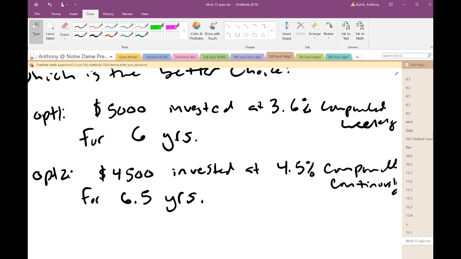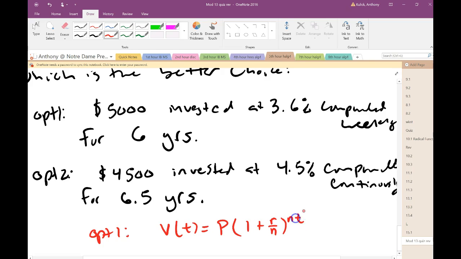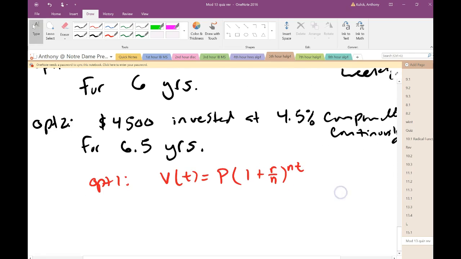So both of these are dealing with compound interest, right? So which compound interest formula should I use for option 1? The discrete one. How did you know that? Because it says it's compounded weekly. And then for option 2, which formula?